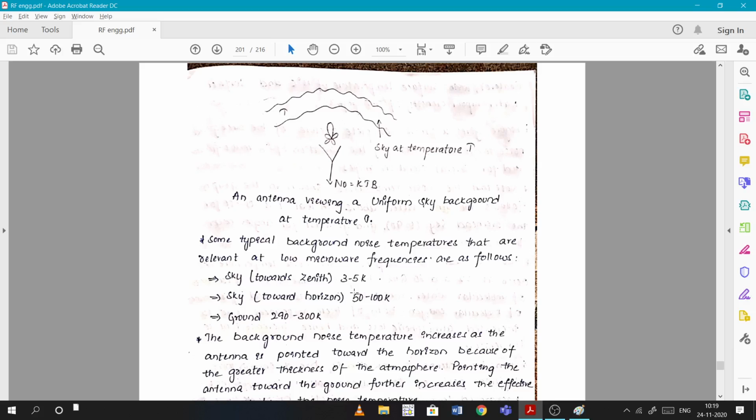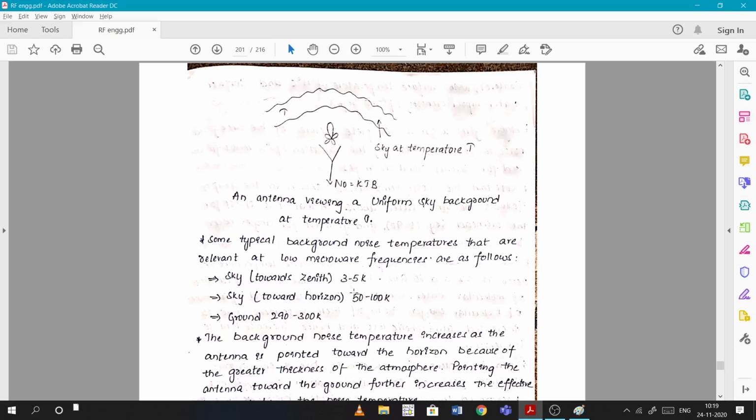These are the background noises, or the external noise, caused by temperature. That's why we call it background noise temperature.